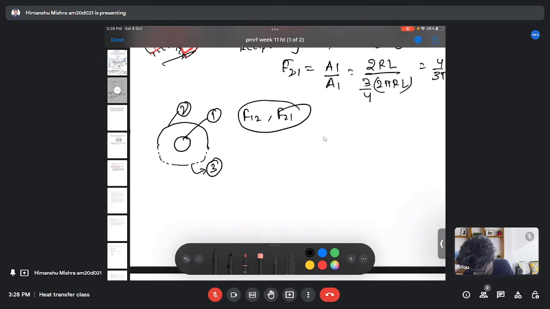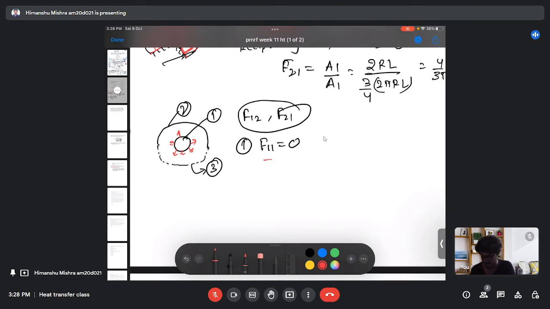So, by the summation rule, the first point we can make here is that F11 is 0. That means the radiation which is coming out from surface 1 is not intercepted by surface 1 itself. So the radiation coming out from surface 1 is not falling on surface 1. It is actually going towards surface 2 and surface 3.